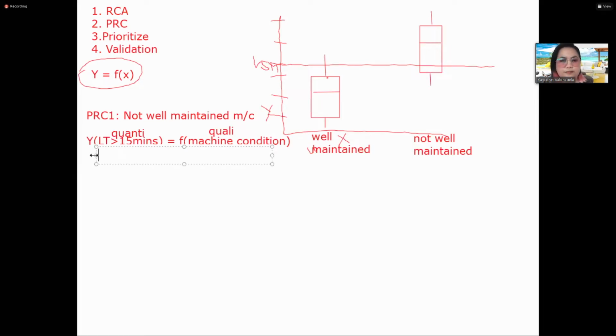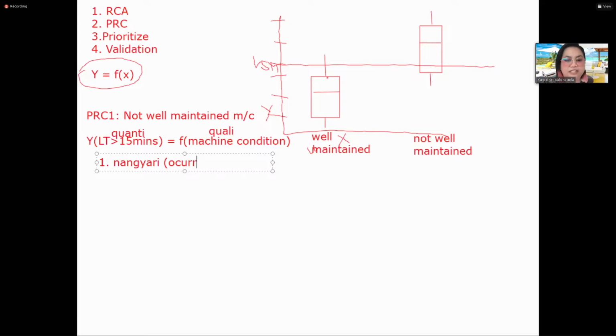What do you think? When we are validating the data, dalawa yung gusto nating i-prove. Una, nangyari ba siya? Nangyari or occurrence.